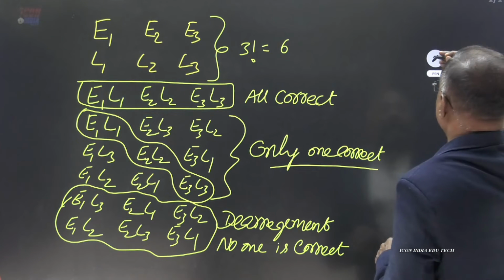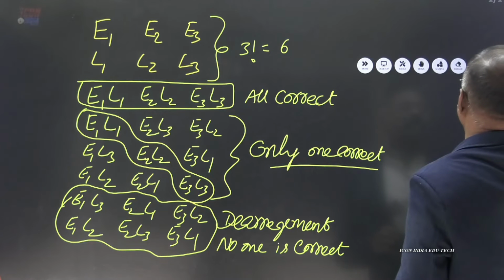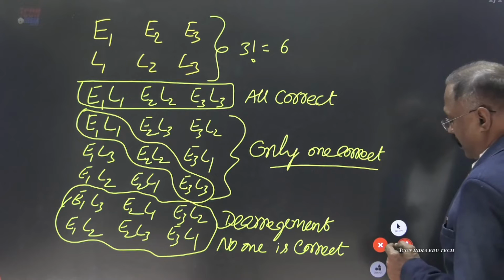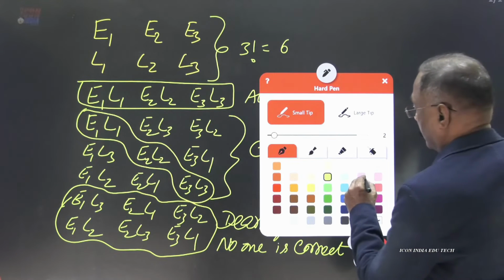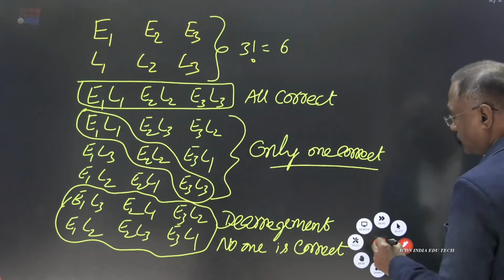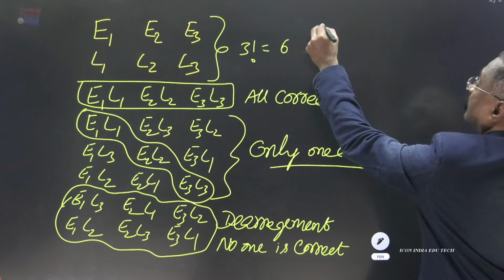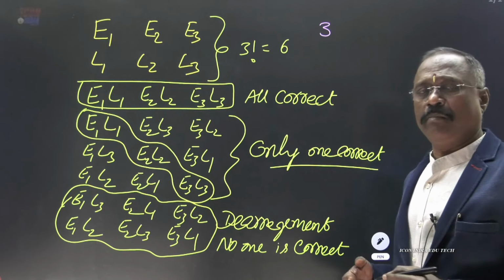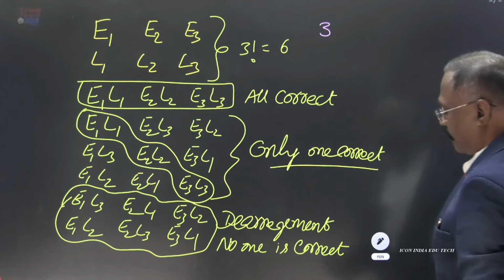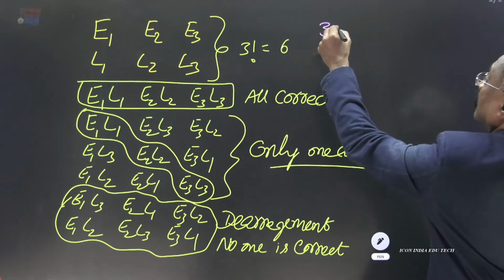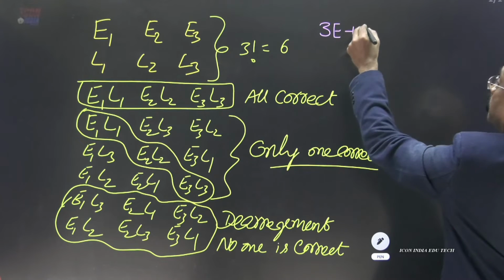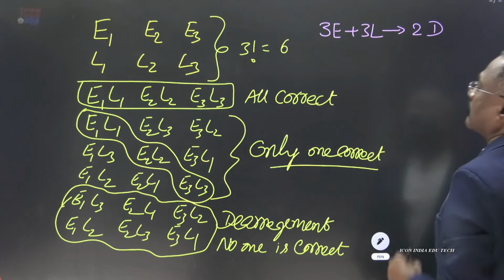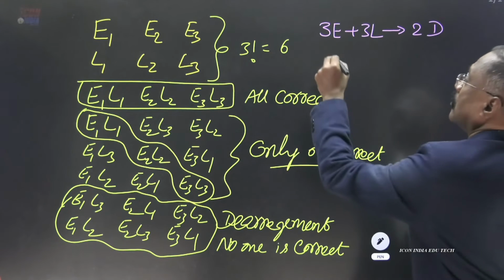Let me write that. Try to remember this, please, so that whenever a question related to this comes, you can straight away write the answer. For 3 envelopes and 3 letters, there will be 2 de-arrangements. There will be 2 de-arrangements.